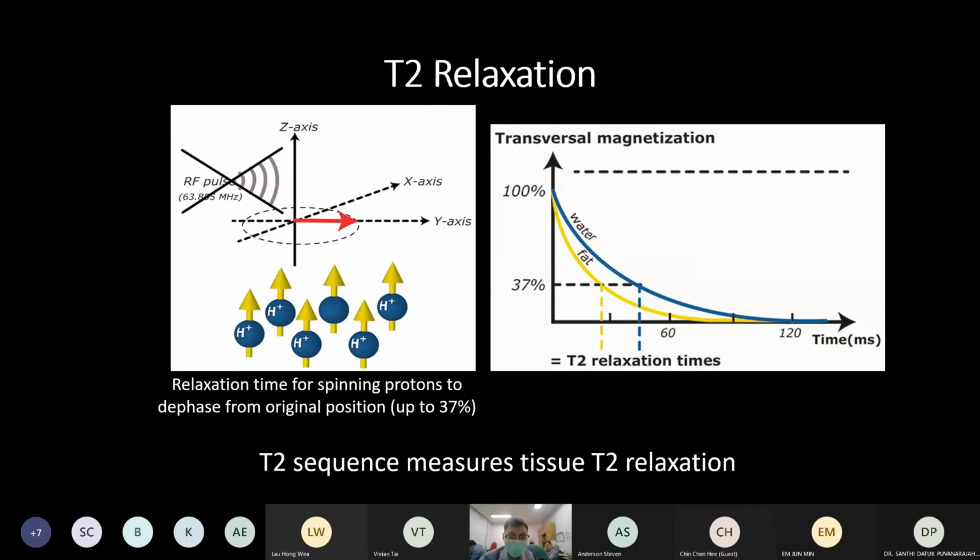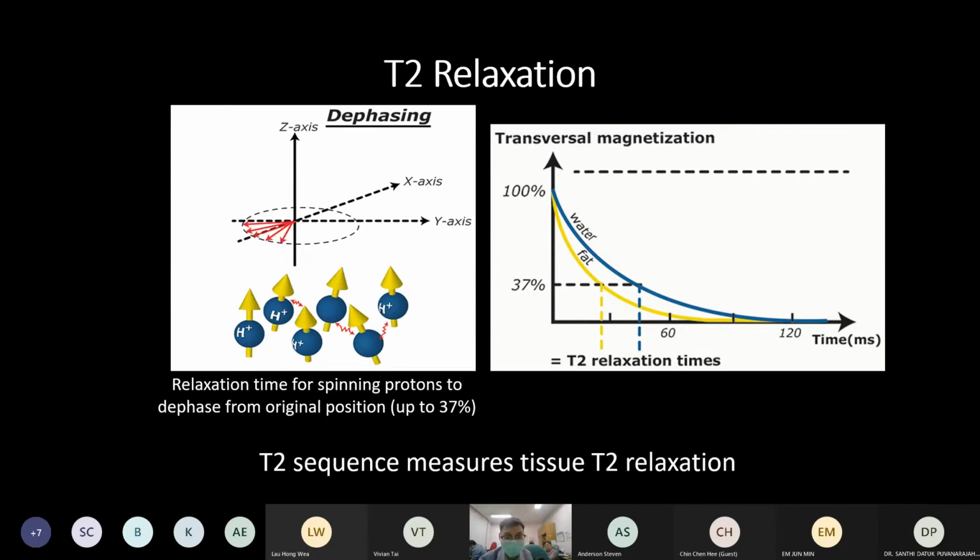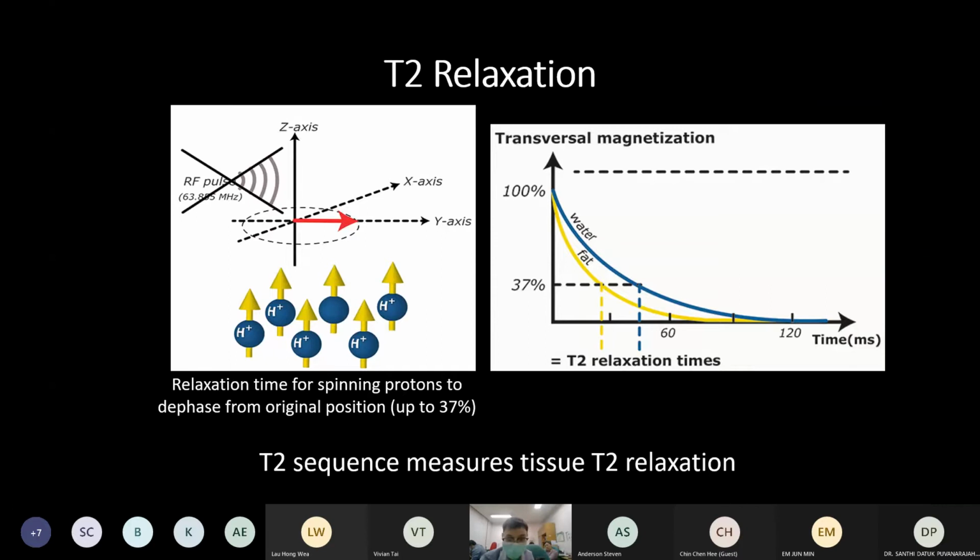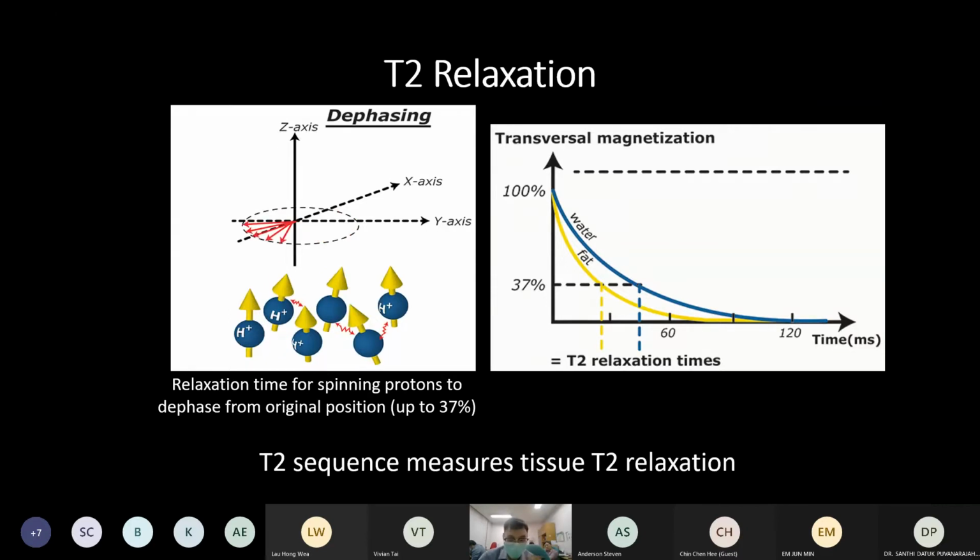That explains why fat is slightly dark in the T2 sequence compared to water, which is going to be bright. It's just like using liquid paper again and again and again, so it becomes brighter and brighter. Okay, so that's the principle of T1 and T2.